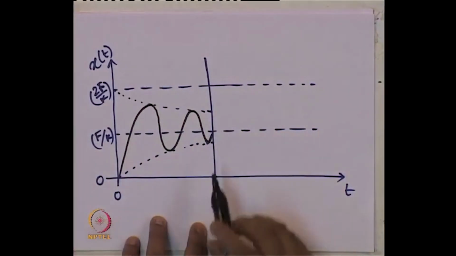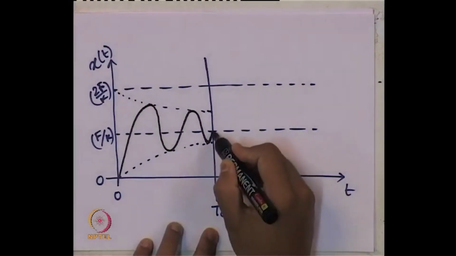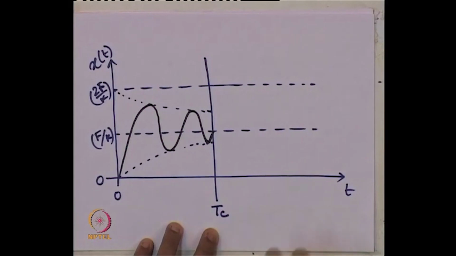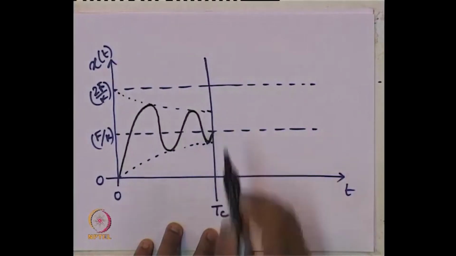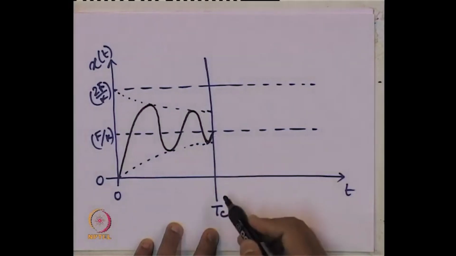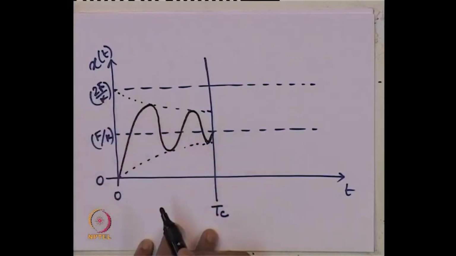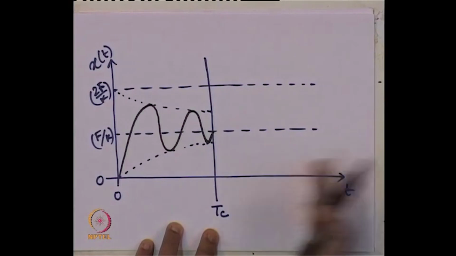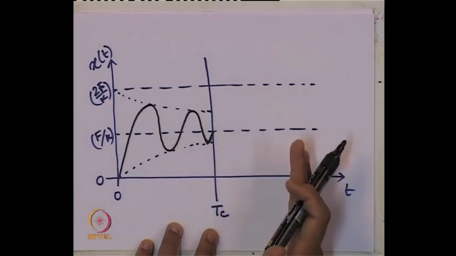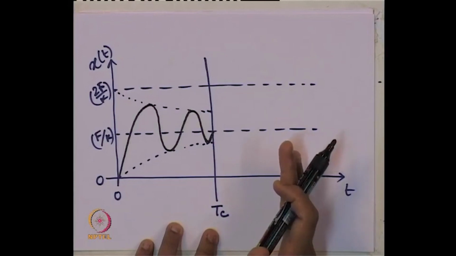The function will move like this. Now, what happens here? When it reaches T c at this point, we have some displacement. It can stop here, or here, or here, anywhere within this range. Say I have stopped somewhere, for example, here. So, it has this initial displacement, and whatever the slope is, that is the initial velocity for the second part, that is, for t greater than T c. Now, how should it vibrate or oscillate?